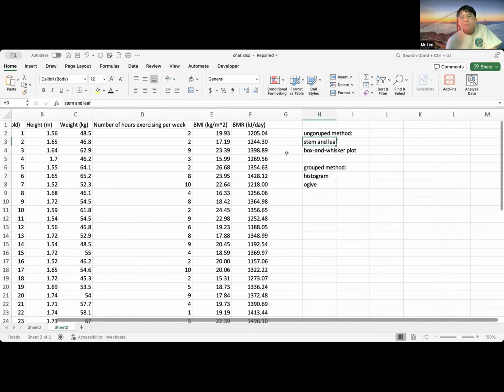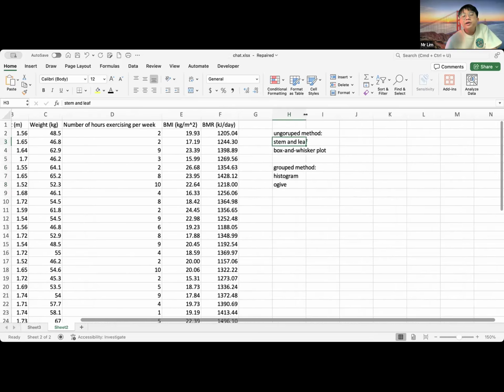And since you have already done it in your Excel, you can generate all these different plots just in your Excel. No need to do it on graph paper by hand. If you want, there's no problem doing it by hand, but it takes some time. At the same time, you also learn it.